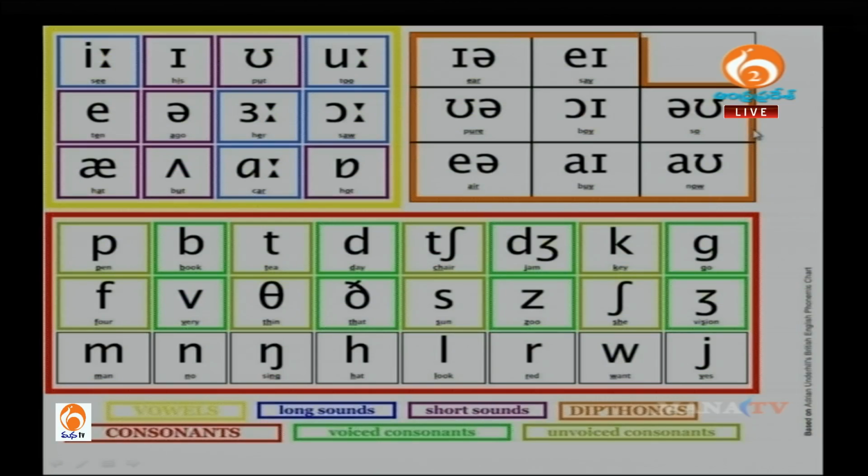We are not elongating the sound at any moment because it's a short sound and you're not supposed to stress it. The next sound is your ow sound. It's a short oo, with a short a attached to it. So it's ua, ua. This brings us to the end of the vowel sounds table.